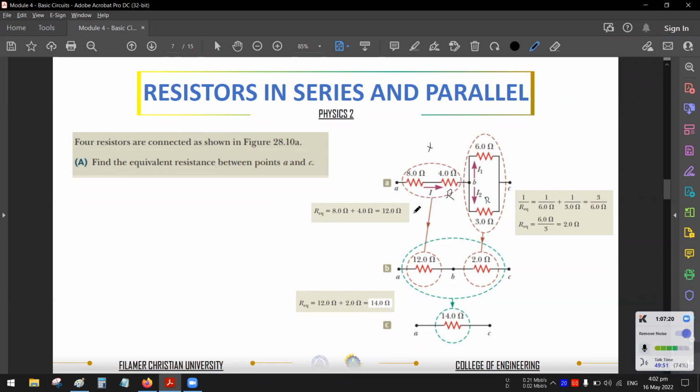First, you will check the current. Okay? So, you have your current here, current here, current here, and so on. So, in this case, we will be using the KVL and the KCL, or the Kirchhoff's voltage law and the Kirchhoff's current law. Okay, so ito yung pag-solve in how to simplify the circuit using the series and parallel connection in terms of resistors.